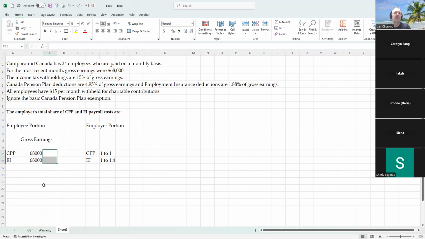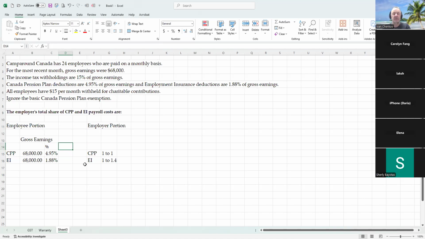Then we're going to apply the percentage. For the Canada pension plan, we're going to apply 4.95%, and for the employment insurance, we're going to apply 1.88%. So based on that, our percentage will be as shown.